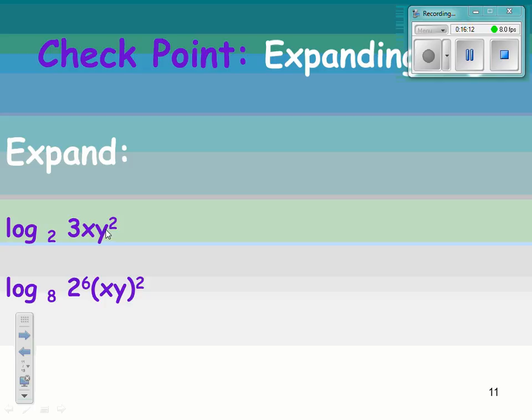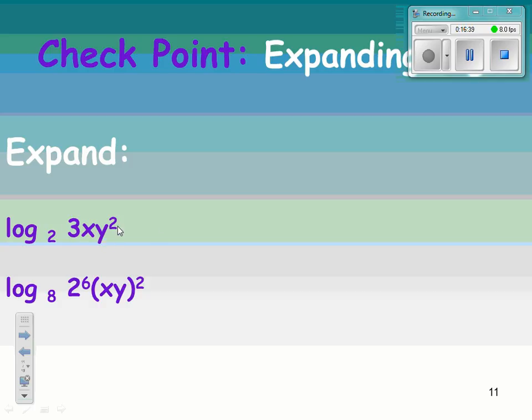So whenever I expand this log, I'm going to have 3 parts when I expand it. Now another thing, this y squared, the squared only goes to the y. This 2 only belongs to the y. It doesn't go to the x, it doesn't go to the 3. So the only one of these parts that's going to get this exponent is going to be the y.